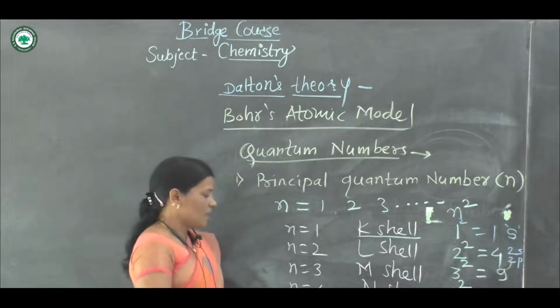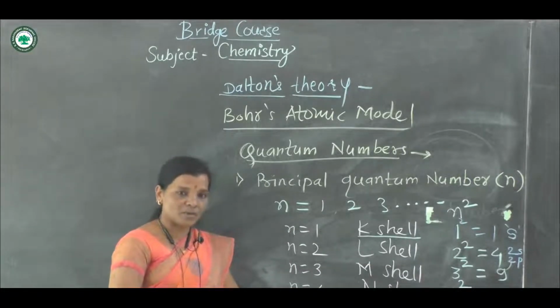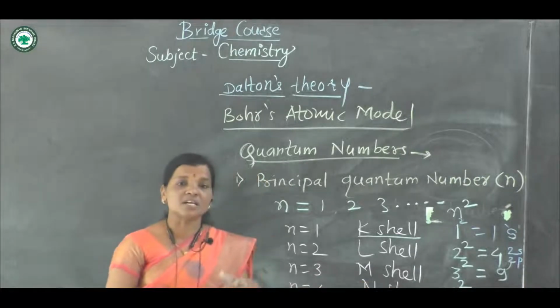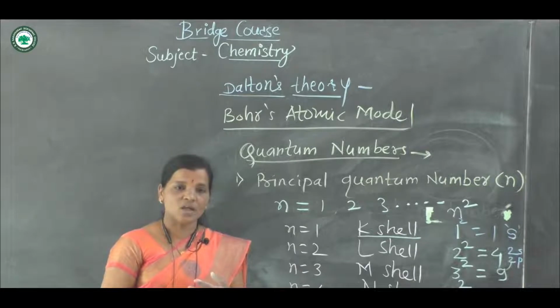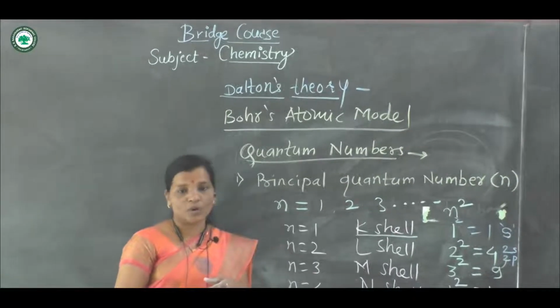In the case of the N shell, n is equal to 4, that is, the principal quantum number value is 4. So in the N shell, 16 suborbitals are present. Which are those? One 4s orbital, 3 4p orbitals, 5 4d orbitals, and 7 4f orbitals.